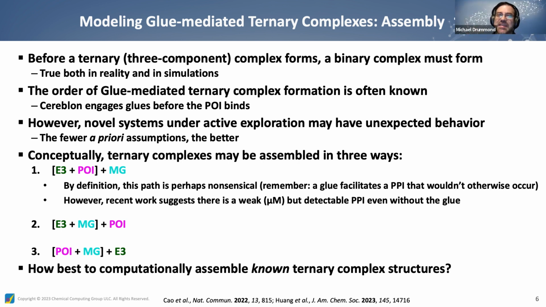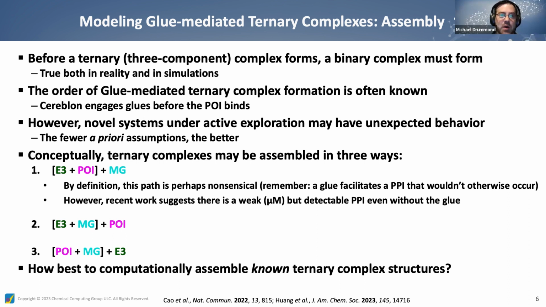And so it's thought maybe the glue is enhancing some sort of native PPI as opposed to creating it from scratch. And so because of that, maybe this isn't such a silly thing to evaluate. And on top of this, as we were looking to model these, we didn't want to close any avenues of discovery without investigating them. So we did try all 3 of these orders of events as we were looking to model these.